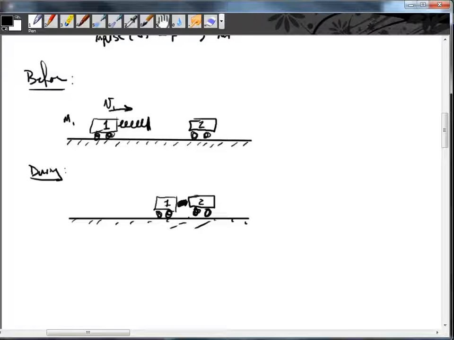According to Newton's third law, the force of our first cart on the second is going to equal the force of our second on the first. So 2 is going to experience a force in that direction, the force of 1 on 2, as well as 1 experiencing the force of 2 on 1.